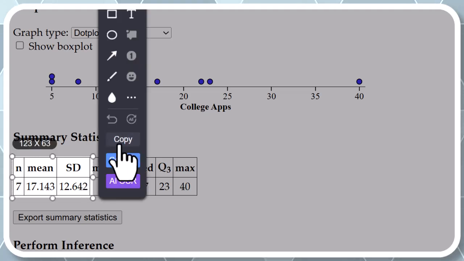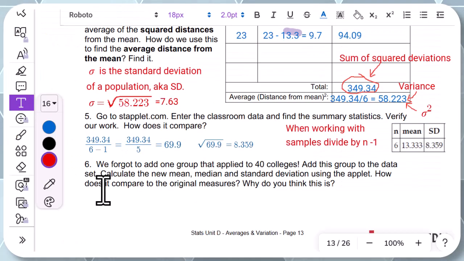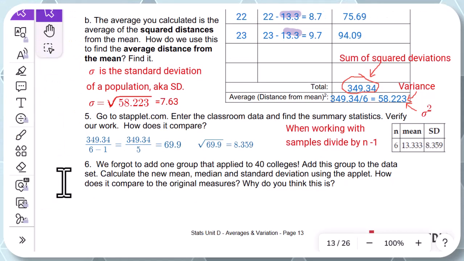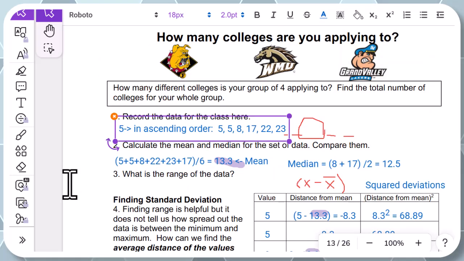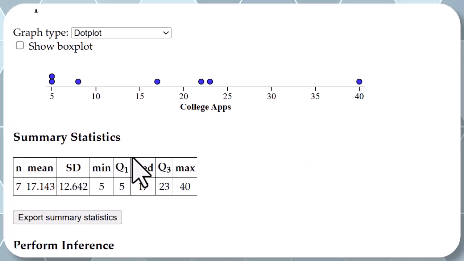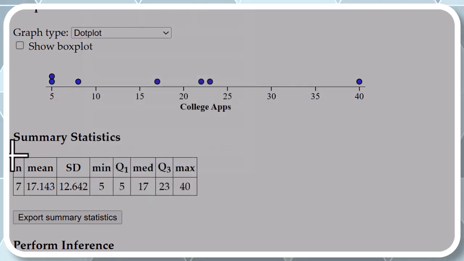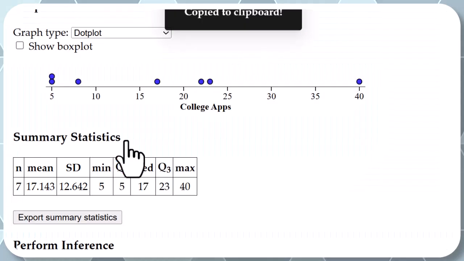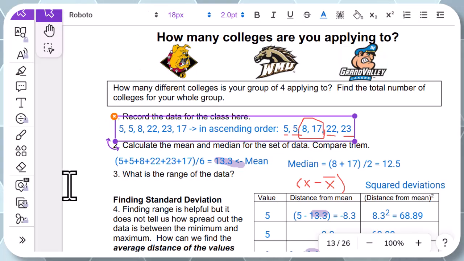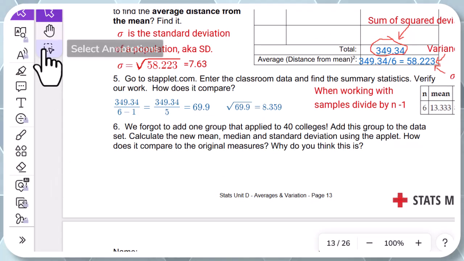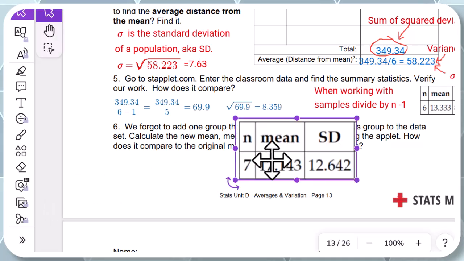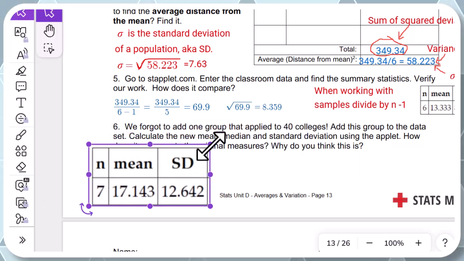Copy. There we go. So here's our new value.